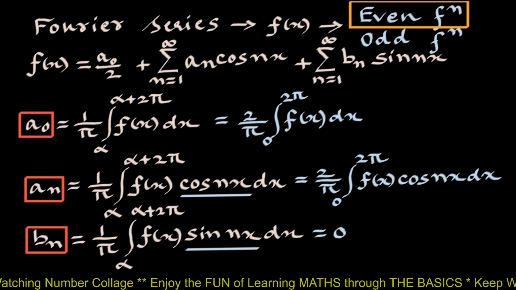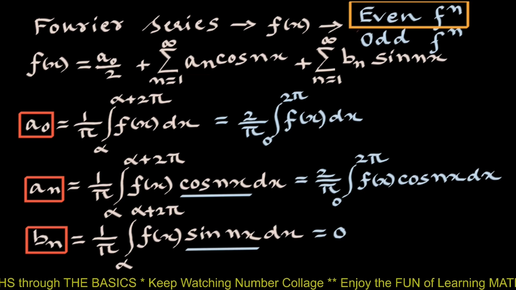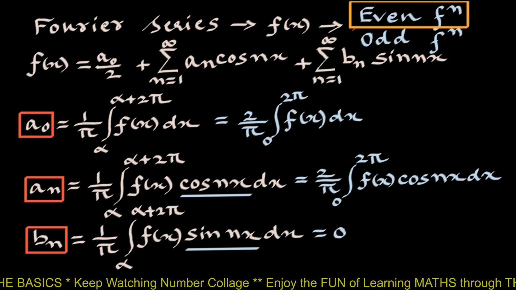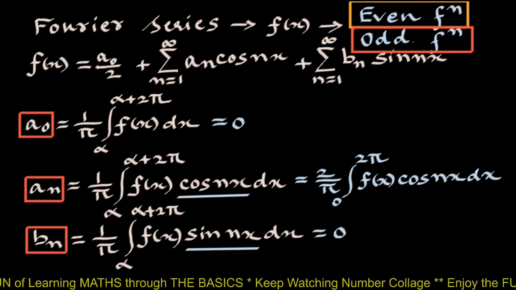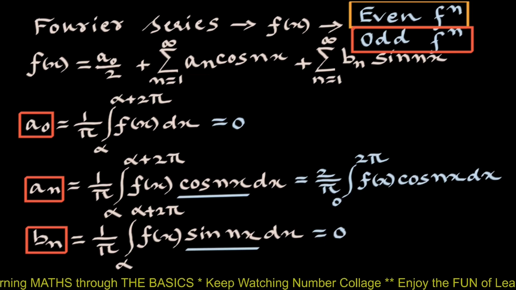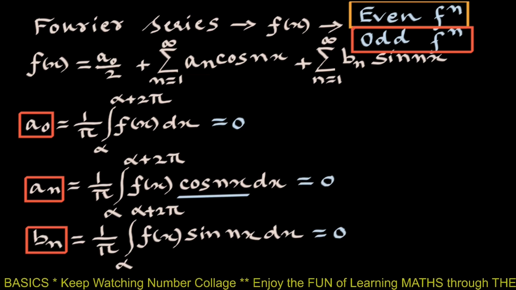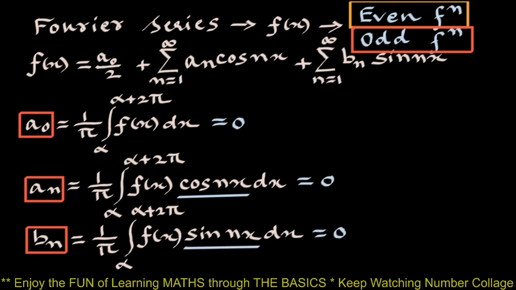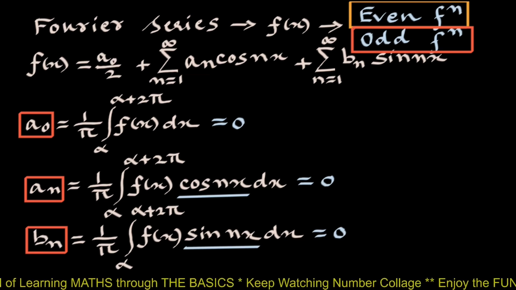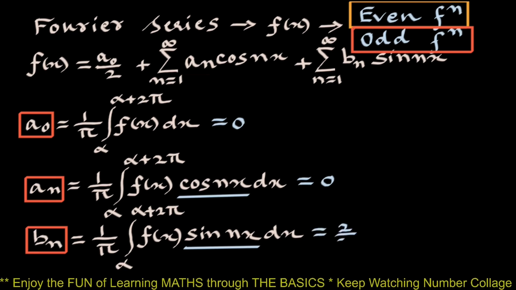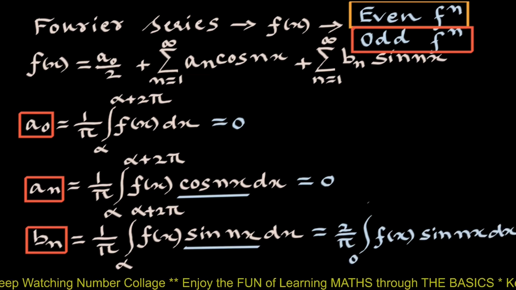there will be only cosine terms in the Fourier series. And when f(x) is an odd function, a0 will be 0. Cos nx being an even function, the product f(x) cos nx will be odd and an will also be 0, whereas sin nx being an odd function, the product f(x) sin nx will be even and bn will be 2 upon pi integral f(x) sin nx dx from 0 to pi.